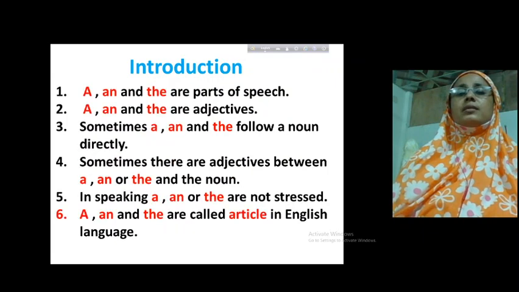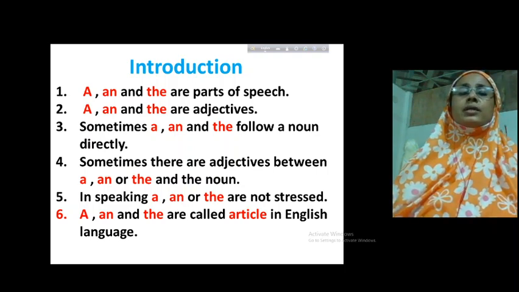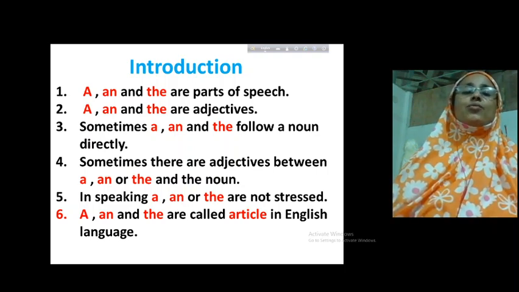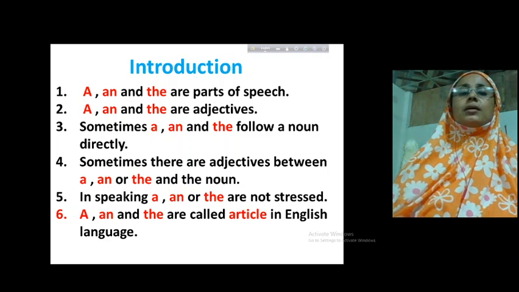Can you read the text? Yes, I know. And I am reading with them. Number one, a, an and the are parts of speech. Number two, a, an and the are adjectives. Number three, sometimes a, an and the follow a noun directly.